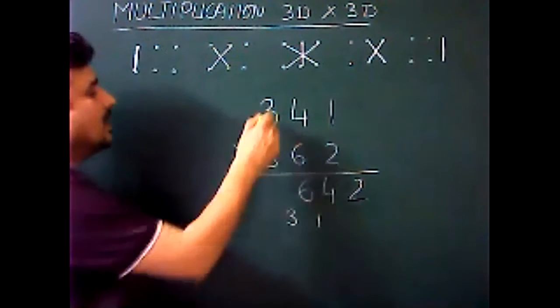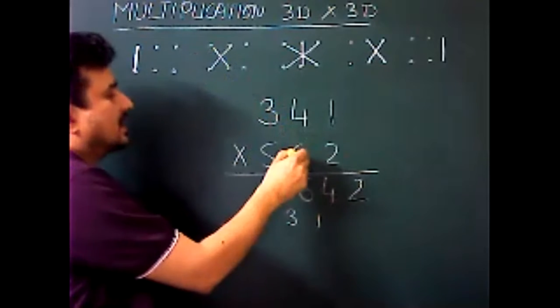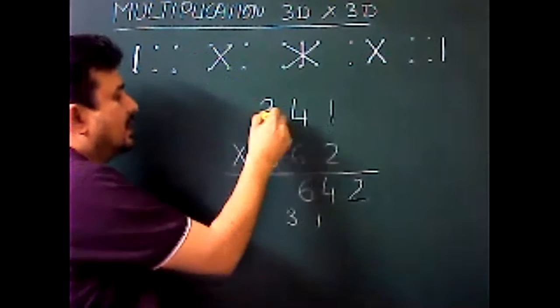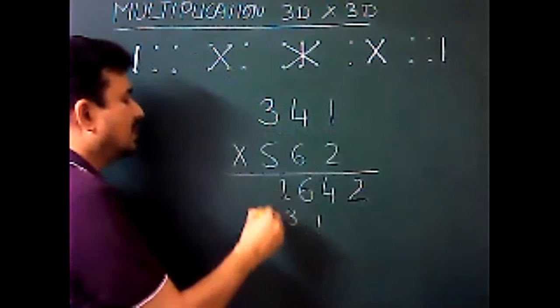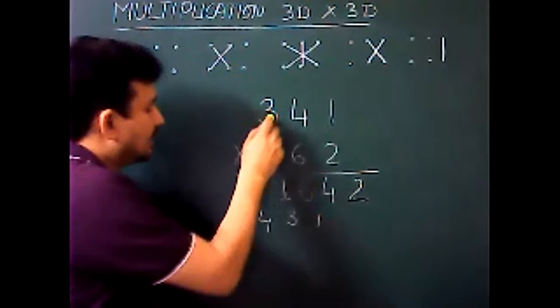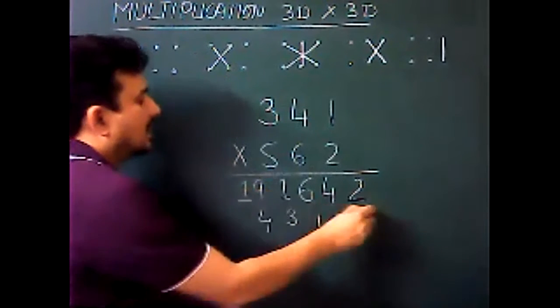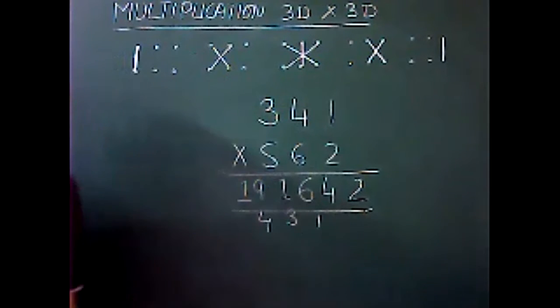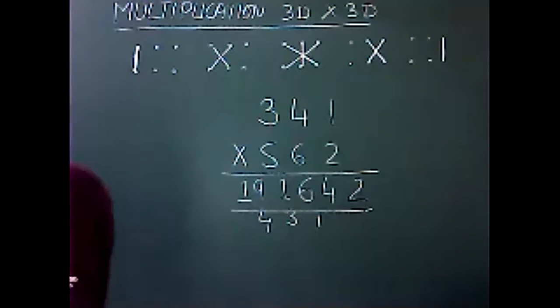The next step, 3 times 6 is 18 plus 20 is 38 plus 3 from carry, it becomes 41, 1 and 4 carry. 5 times 3 is 15 plus 4 from carry, this becomes 19 and our answer is 191642. Clear?